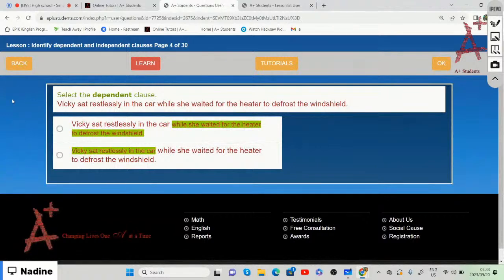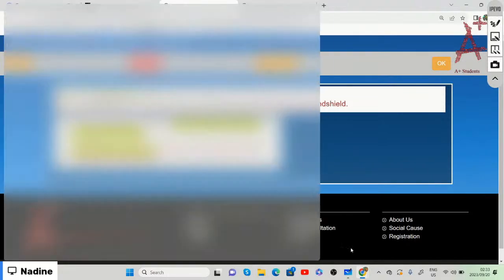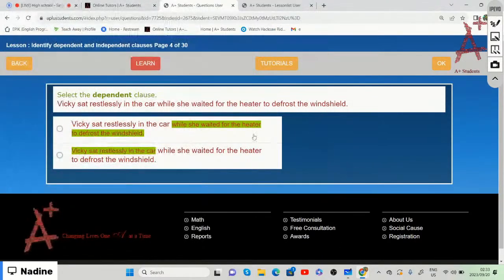We are still selecting the dependent clause. Vicky sat restlessly in the car while she waited for the heater to defrost the windshield.